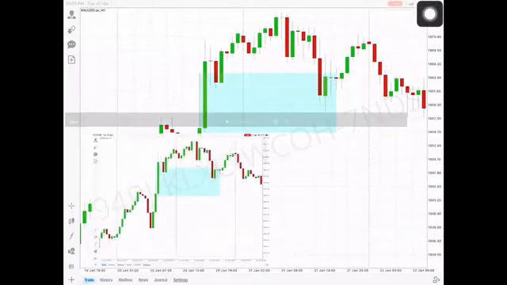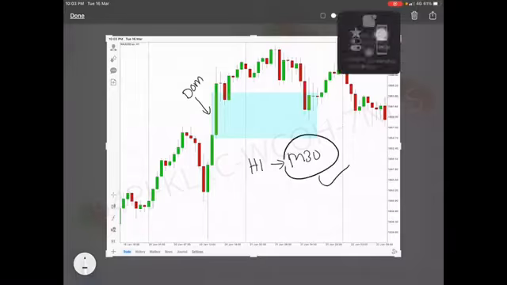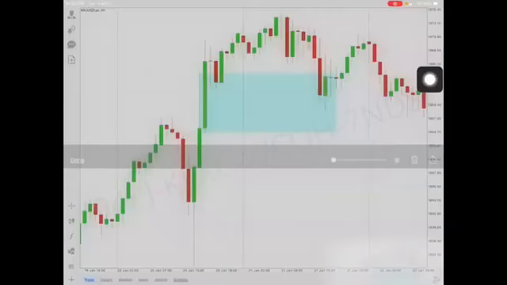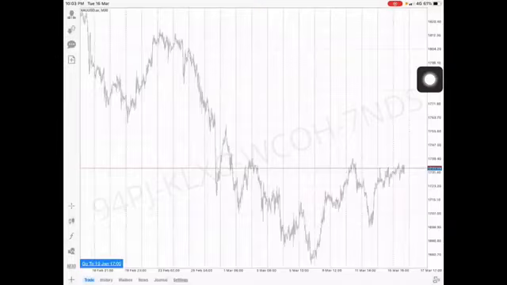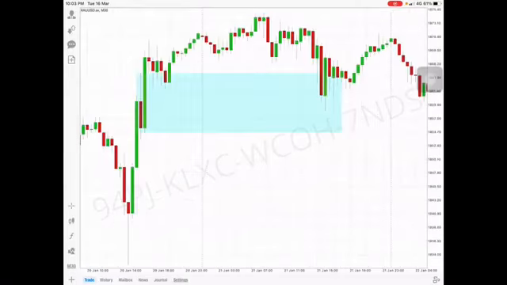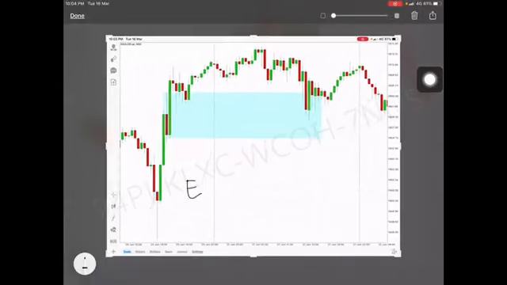So here is your DOM. Now we are on H1. So where do we go from here? Entity. Yes, so we go to entity. Now we're on the M30. Is there any EG or EF? Do you see any right here?